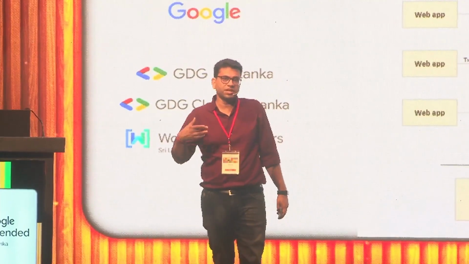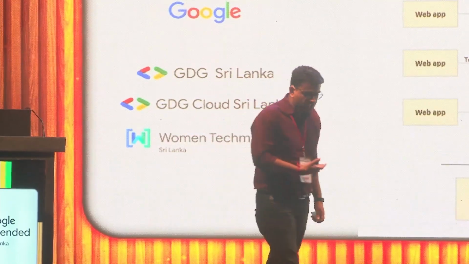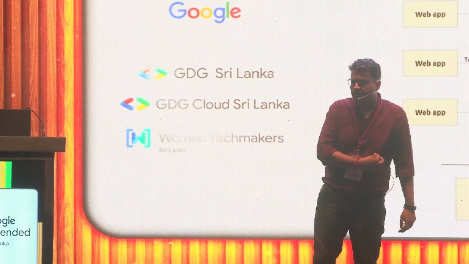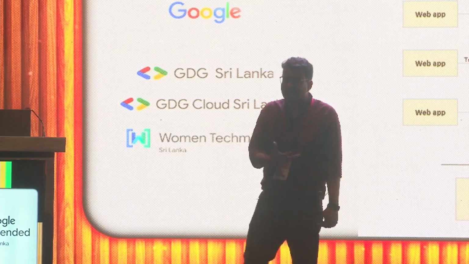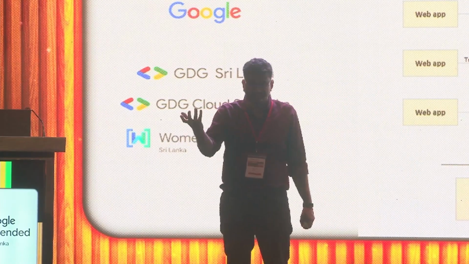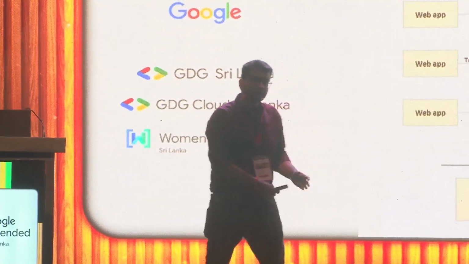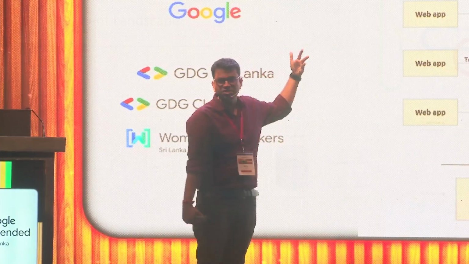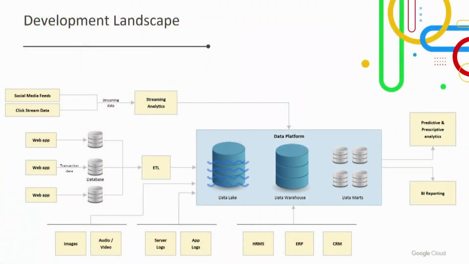Later, with the advent of Twitter and all the real-time streaming data that is coming in, stock prices, for example, they all started ingesting this data from various sources into their data platform.